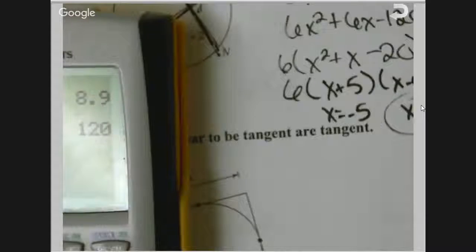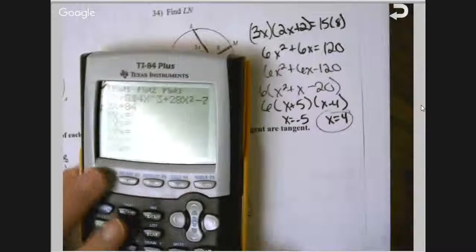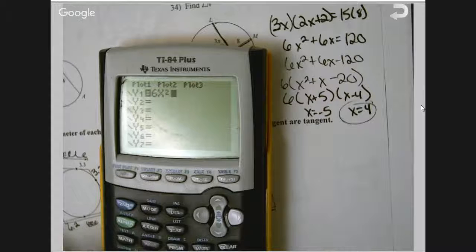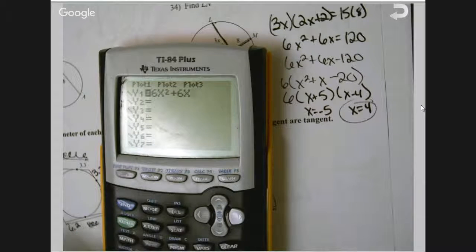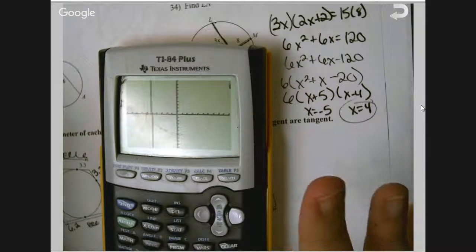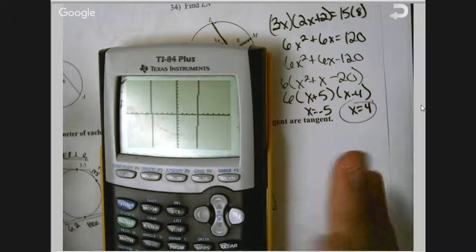Okay. If you're not comfortable with the factoring, that's fine. I'm not saying you have to be. I'm going to zoom out just a little bit so we can see this. You're going to say 6x squared plus 6x minus 120. You graph it, and notice where it's hitting. It's hitting at our negative 5 and our positive 4.